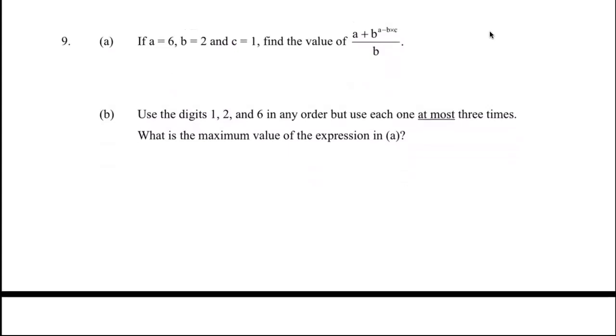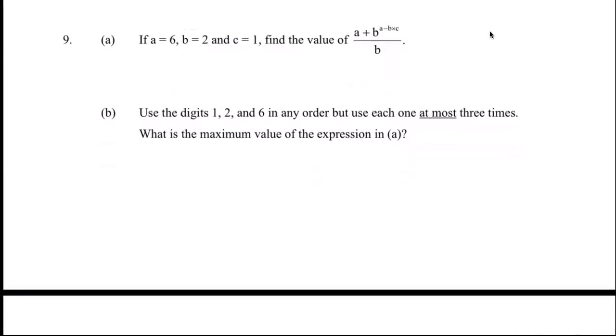But here it's not that complicated yet. So here we have A plus B to the power of A minus B times C, over B. So we need to have some basic idea.